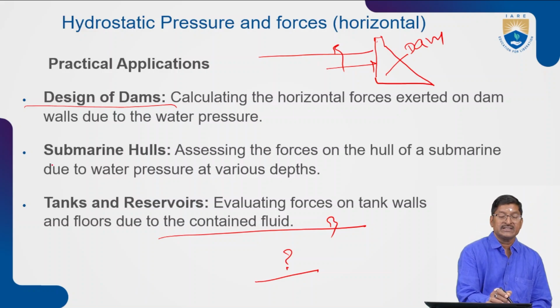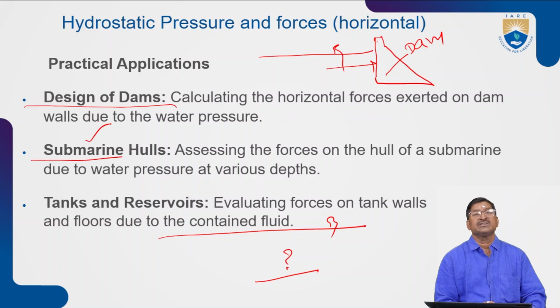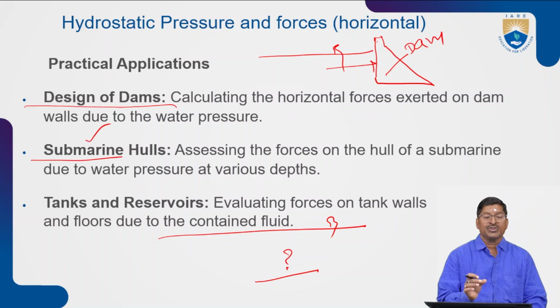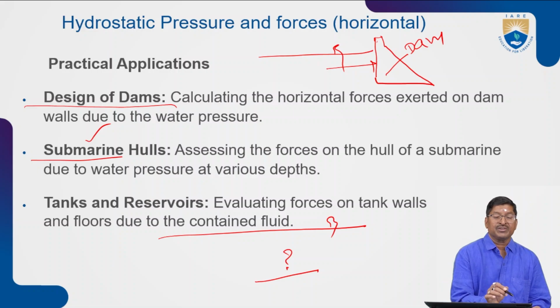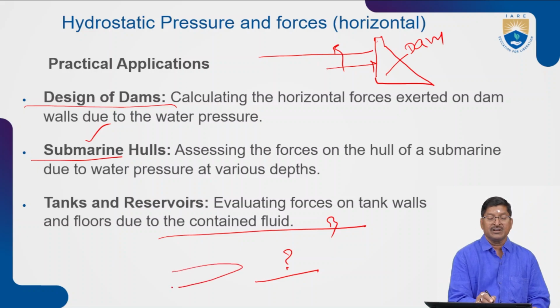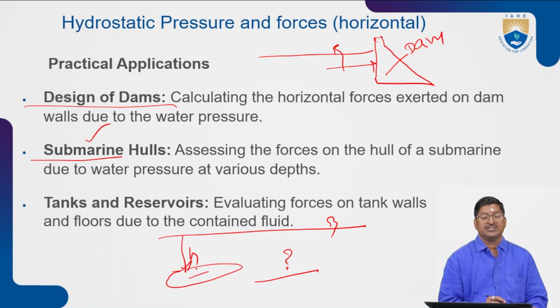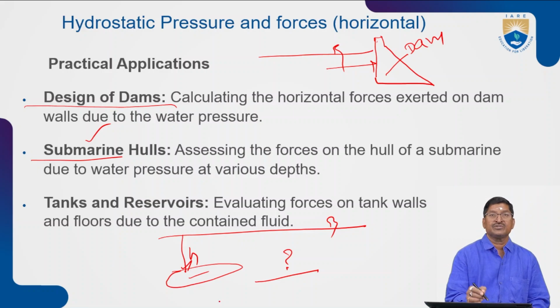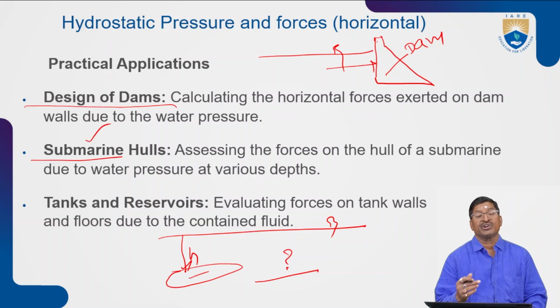And submarines. Submarines are nothing but vessels traveling below the water surface. They also experience water pressure, depending upon the depth of that particular submarine. If the submarine goes deeper and deeper into the ocean, the pressure becomes more and more.